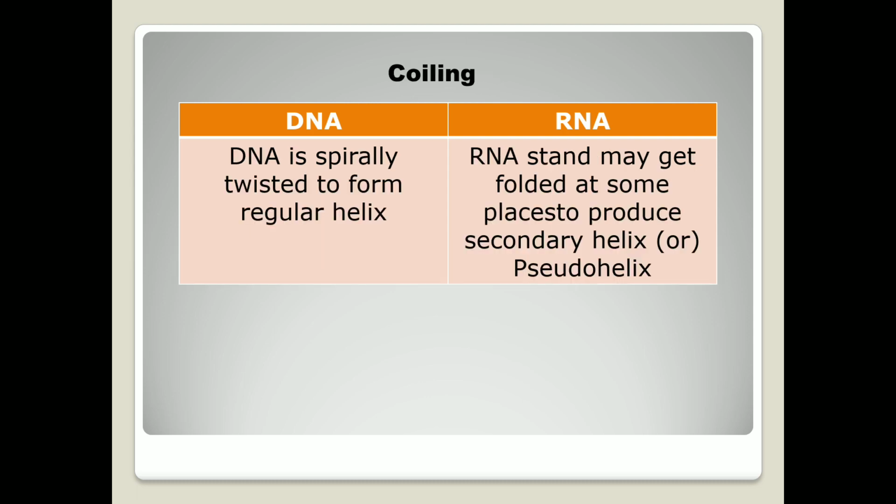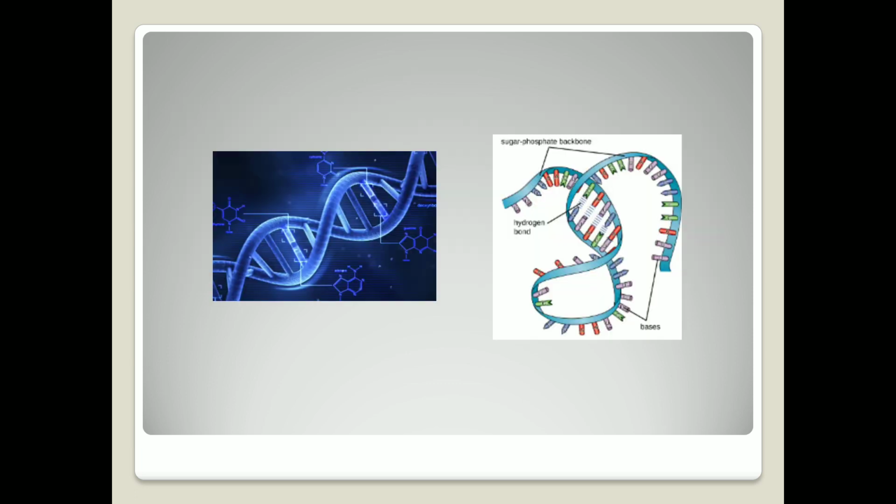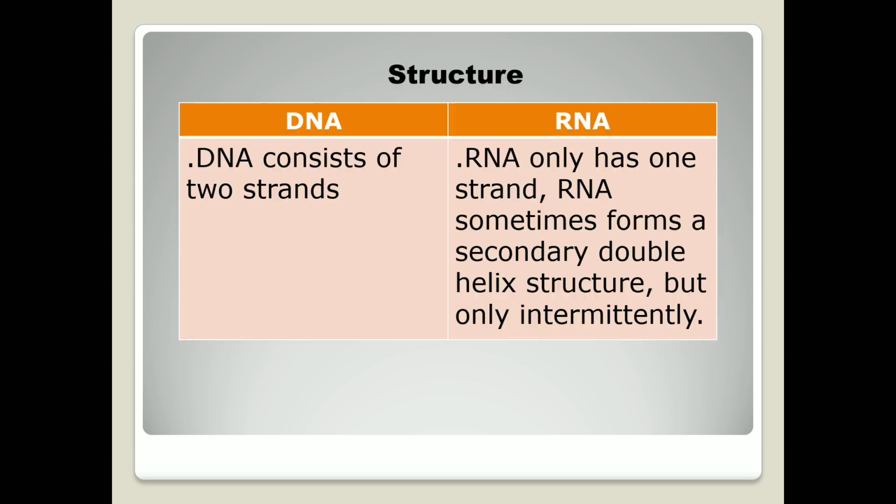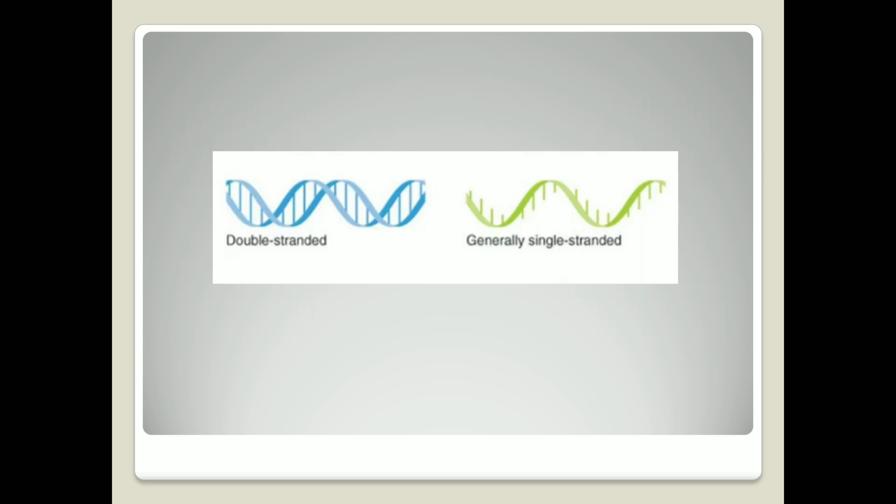In their coiling, DNA is spirally twisted to form a regular helix, but an RNA strand may fold at some places to produce a secondary helix or pseudo helix. Coming to structure, DNA consists of two strands, but RNA is always single stranded, though sometimes it forms a secondary double helix structure, only intermittently.